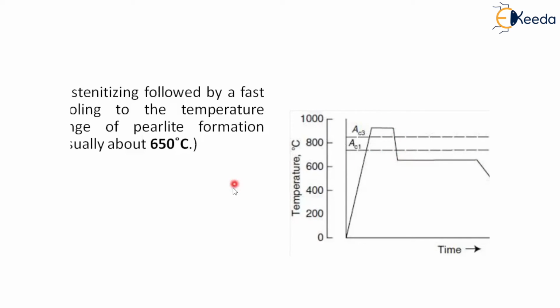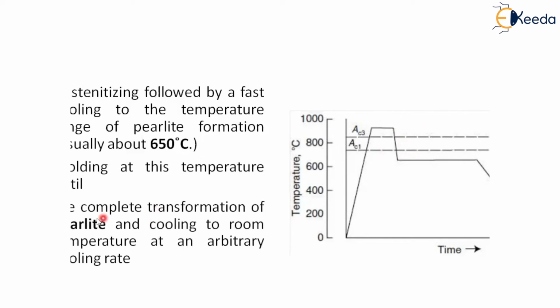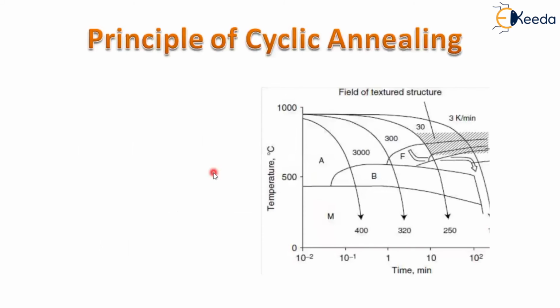Here you can observe the austenitic change, and you see the complete pearlite. So the transformation that we are adopting here is to form the complete transformation to pearlite. That's why after it cools to room temperature, we can observe a clear formation of pearlite. That is the main principle.